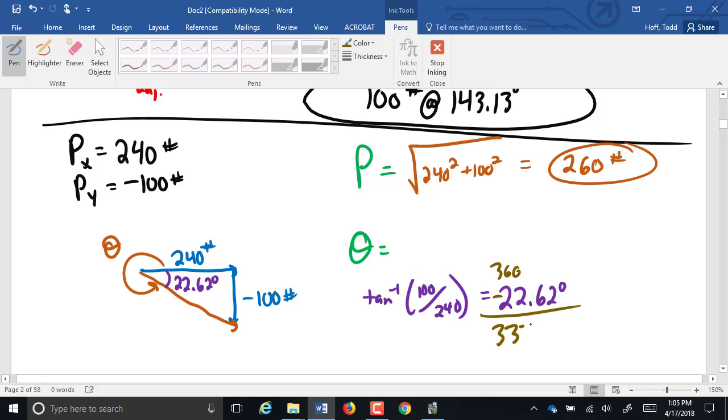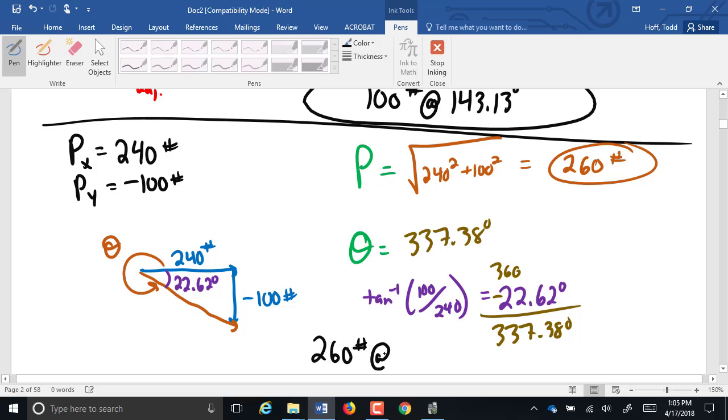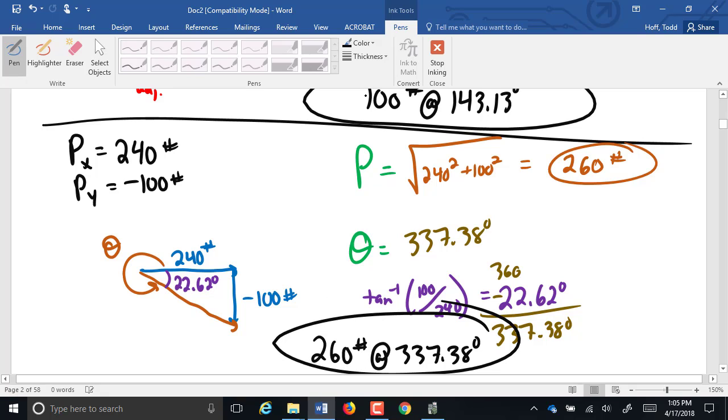So 337.38 degrees. So our vector there is 260 pounds at 337.38 degrees. What do you think? Good stuff?